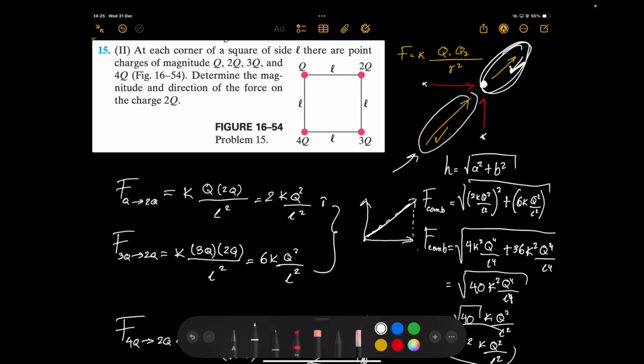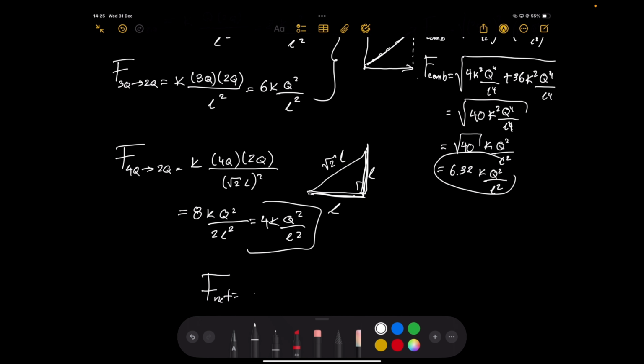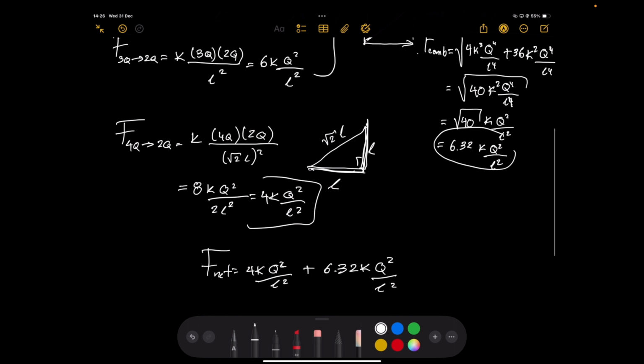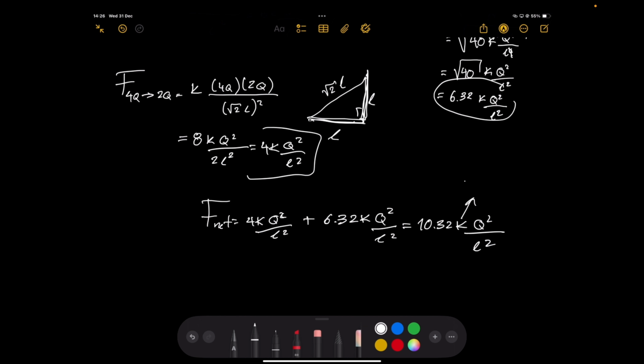What are we going to do? The net force is equal to 4K Q squared over L squared plus 6.32 K Q squared over L squared. And that's equal to 10.32 Coulomb's constant Q squared over L squared. Well, we know that Coulomb's constant is 8.910 times 10 to the 9, right?